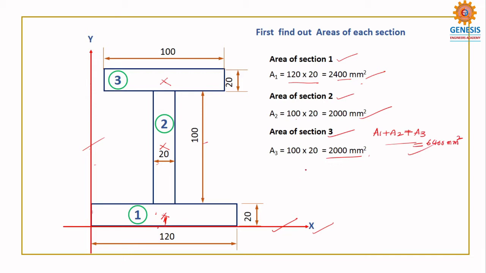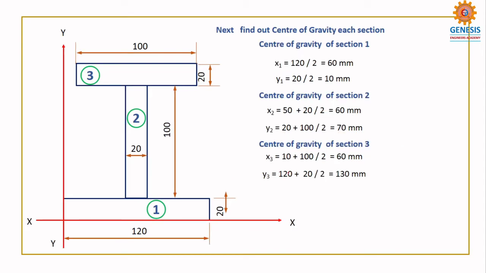Next, you have to take one reference, and from this you have to find the center of gravity as well as the moment of inertia. Now, the center of gravity. Section 1 has coordinates x1, y1. Section 2 has coordinates x2, y2.